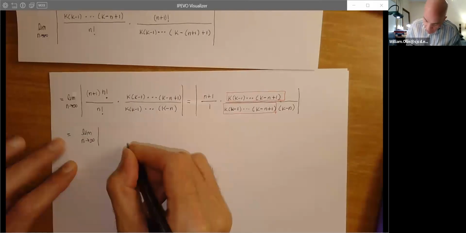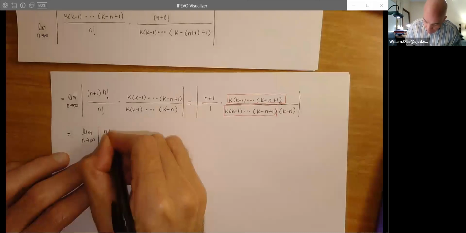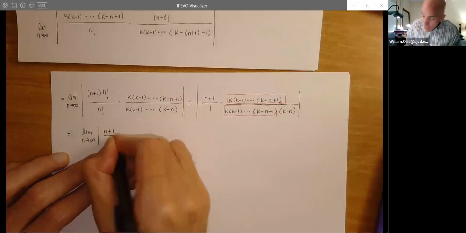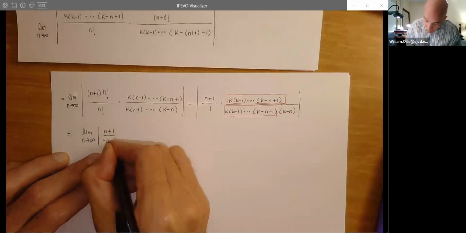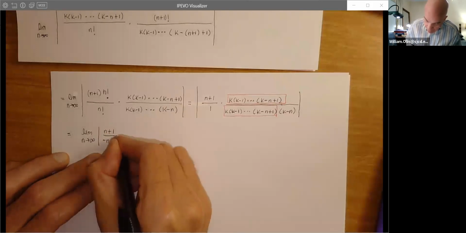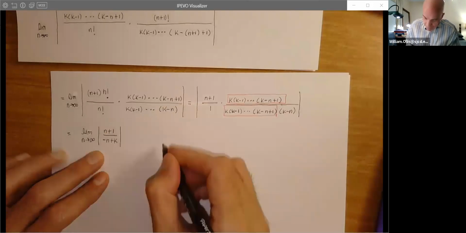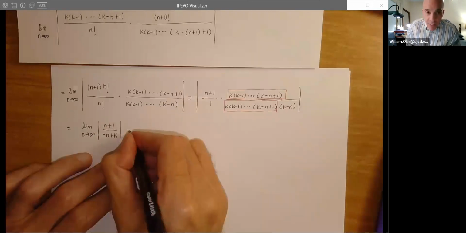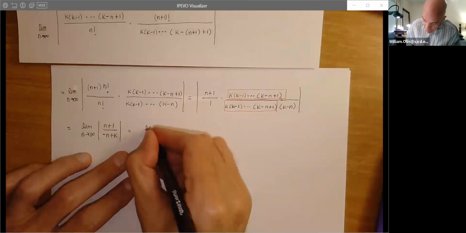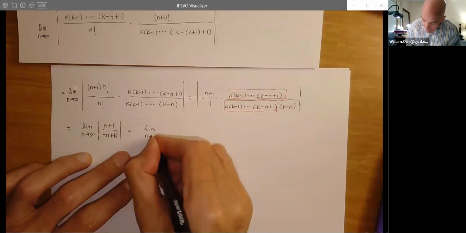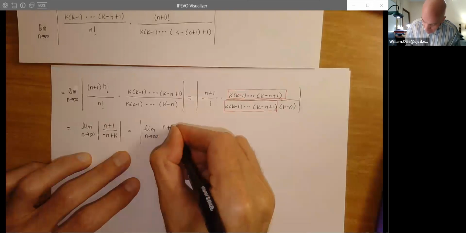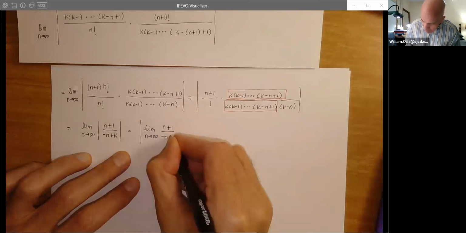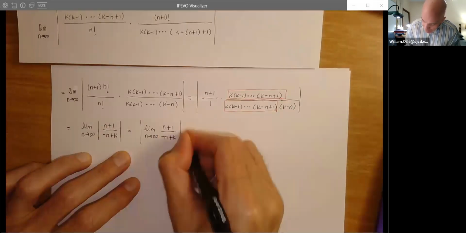So now we have n plus 1. And then, if you like, just write the negative n first. Negative n plus k. Now we can run the limiting process inside by continuity. k is a constant.